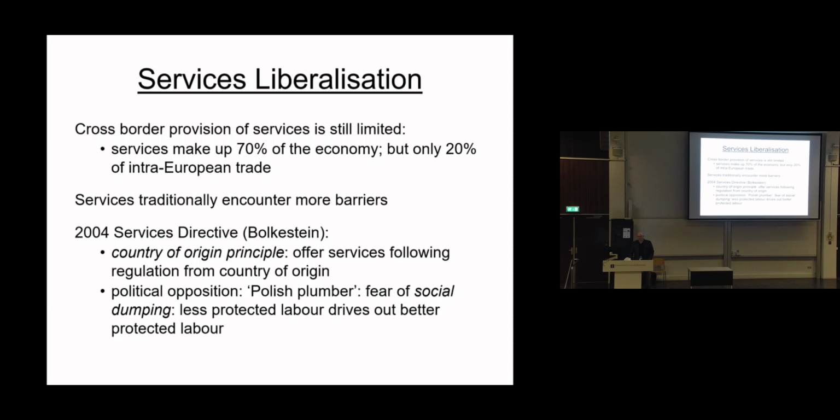In 2004, the Bolkestein Directive was accepted, but it basically meant that there was the Polish plumber problem, meaning there was a lot of opposition from people against workers from Poland or other Eastern European countries with low wages coming to Western Europe and working at lower wages. There was a fear of social dumping, and the idea was that less protected labor drives out the better protected labor.